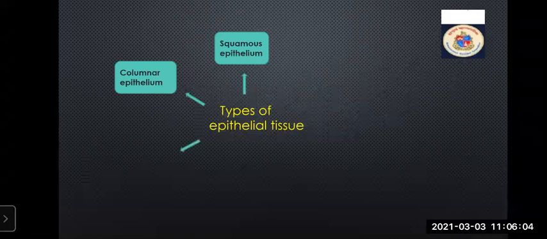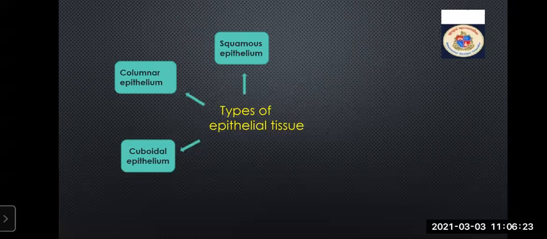Then you have the third type that is known as cuboidal epithelium. Again, this is known as cuboidal epithelium because of its shape, which is cube-like, and the nucleus is centrally placed. The cells are also arranged compactly, that is, there is very little intercellular space between them, with a basement membrane at the base.